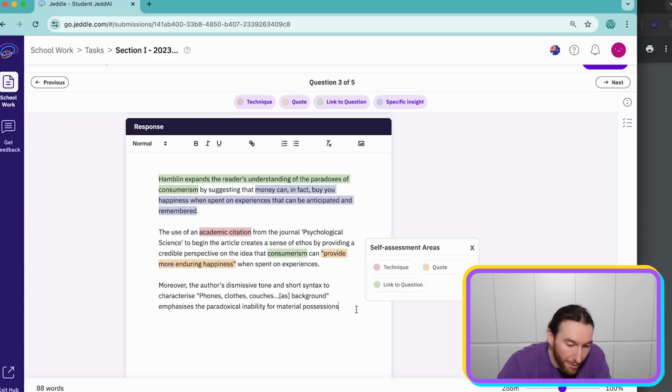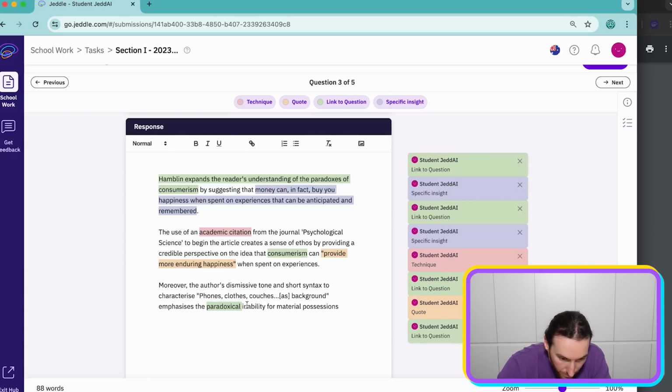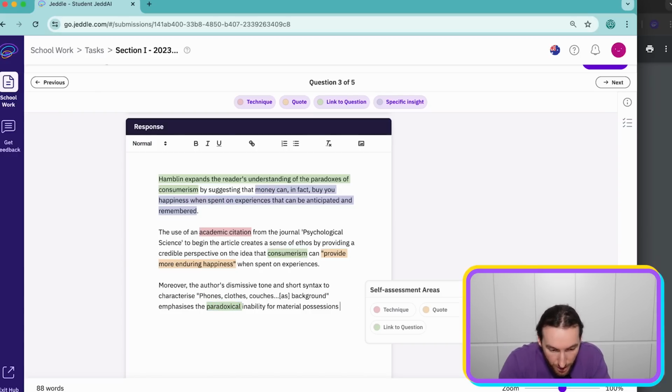So emphasizes the paradoxical inability for material possessions, because it says that they're background to, now let's focus on that. They become background to provide fulfillment. To provide fulfillment for an individual.